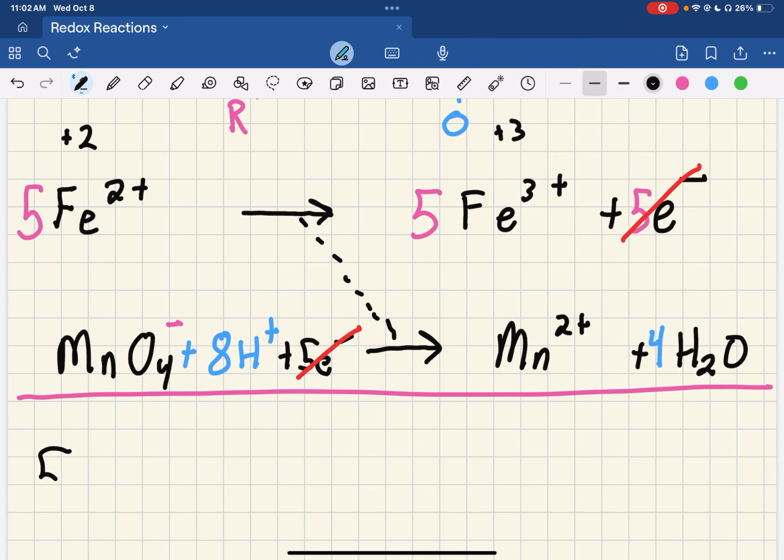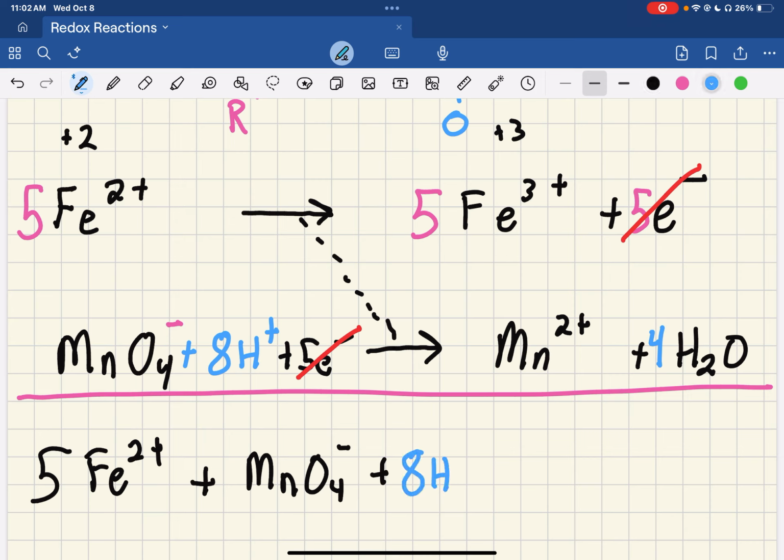I get 5 iron 2 ions, plus my permanganate, only one of them, MnO4 negative, plus, and don't forget my good old hydrogen ions, H plus. Remember, this is an acidic solution, so you expect there to be hydrogen ions somewhere.